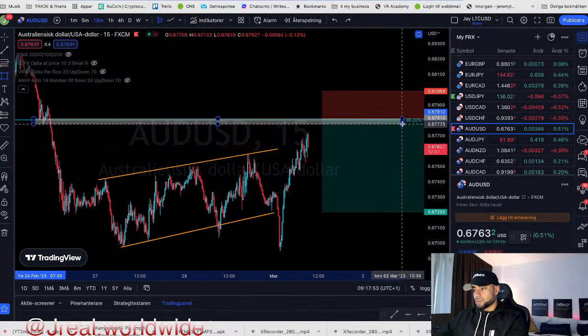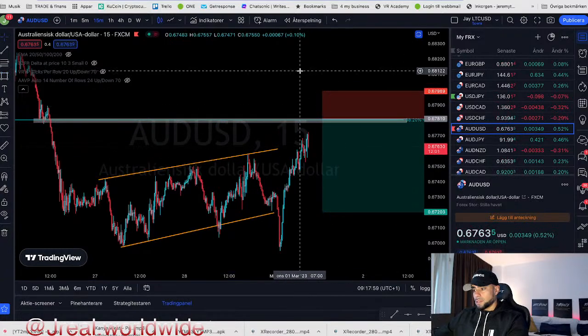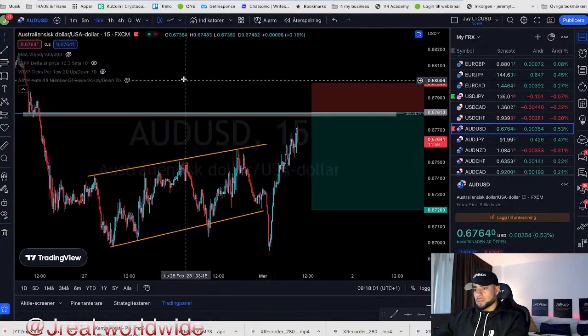So entry zone is here somewhere. That's the entry zone.